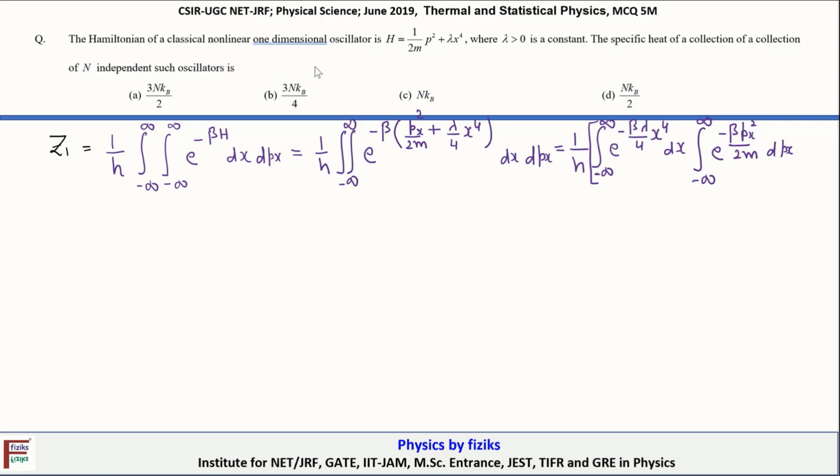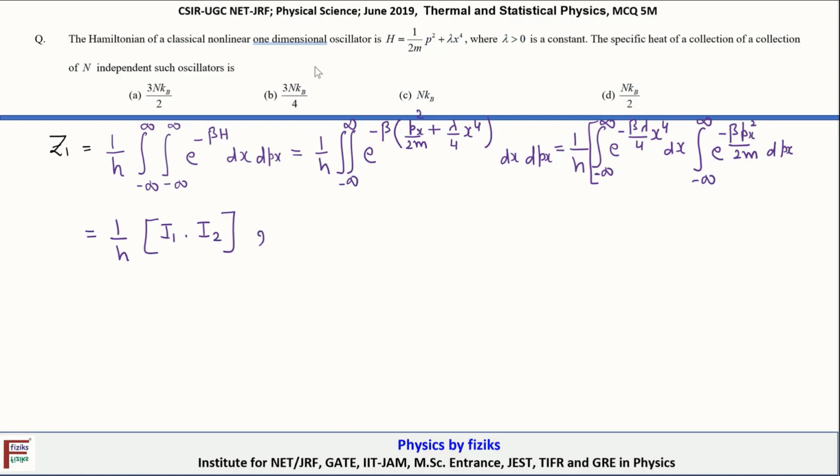So now we can write Z1 as equal to 1 by h, and then we will call these integral 1 and integral 2, multiplied.